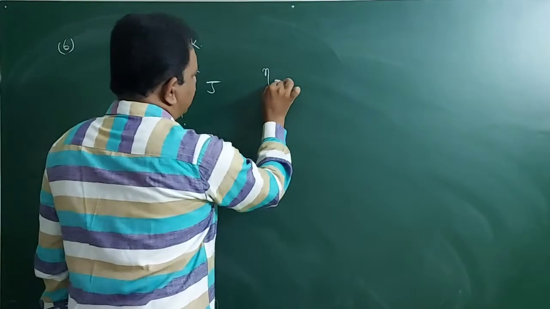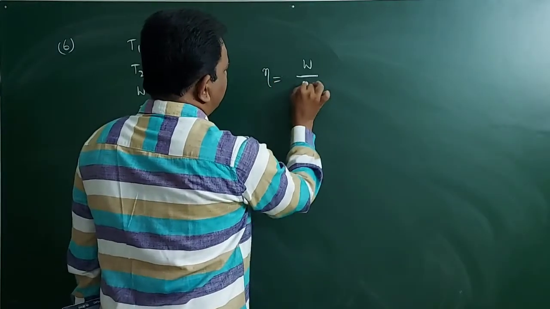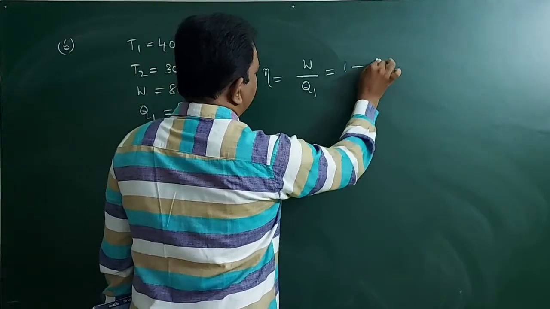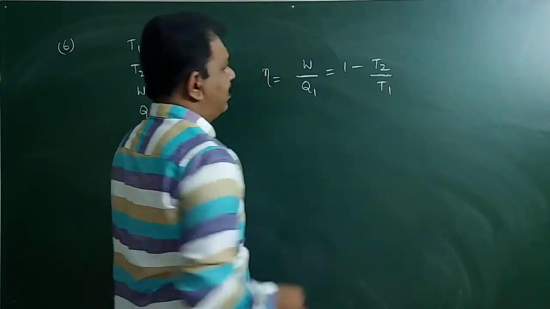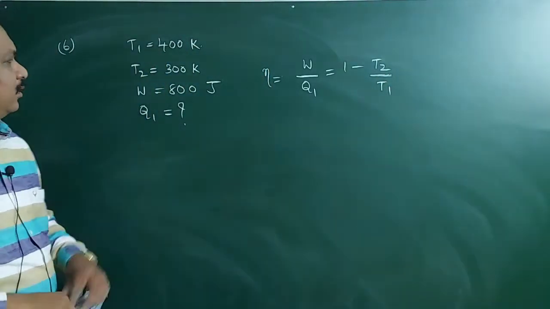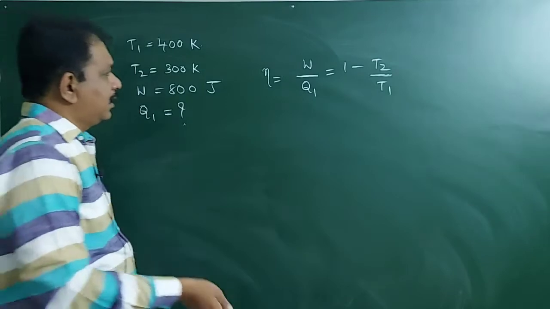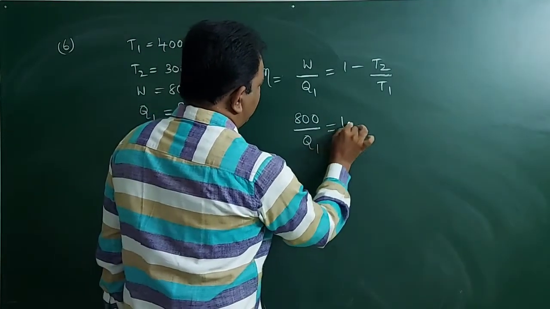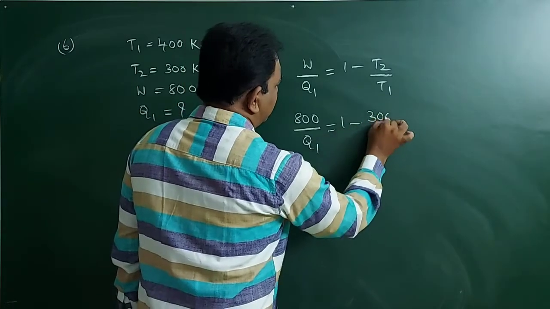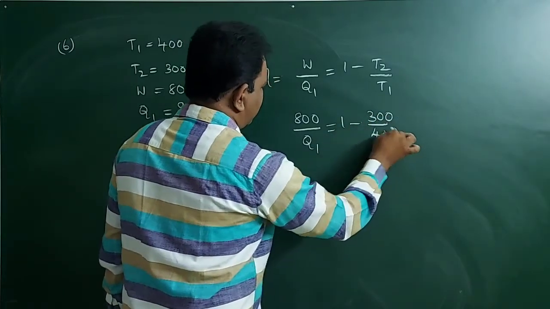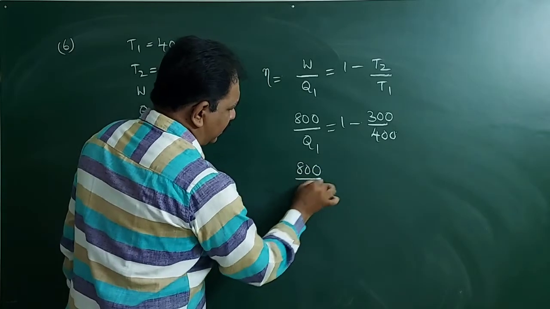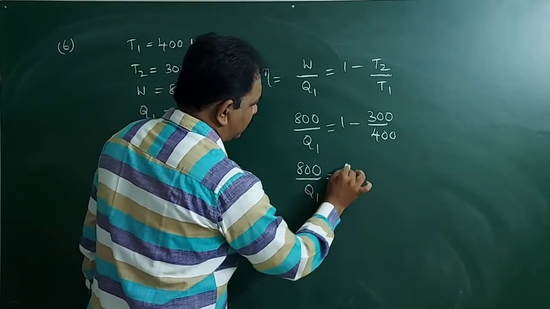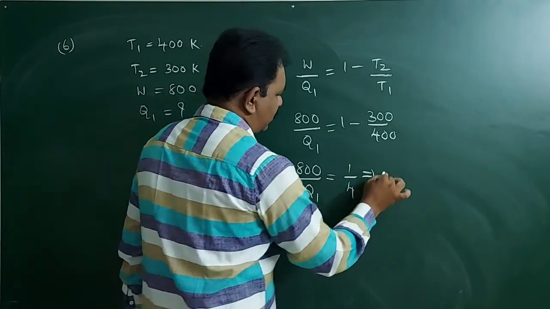Eta formula: W by Q1, and 1 minus T2 by T1. Use these formulas. Place 800 for W, Q1, and 1 minus 300 by 400. 800 by Q1 is 1 by 4.